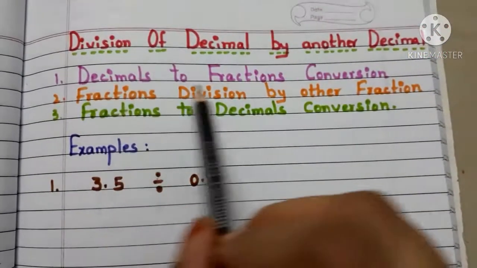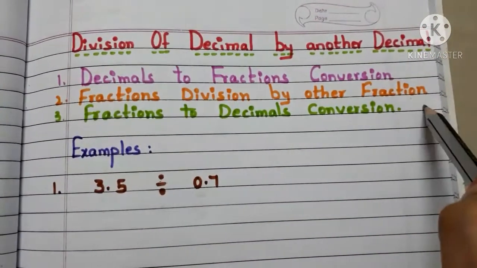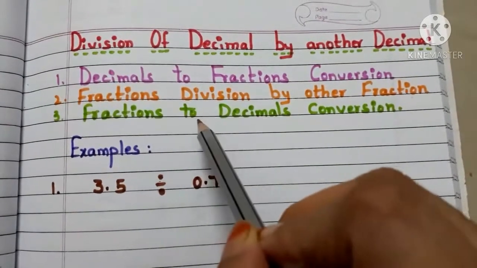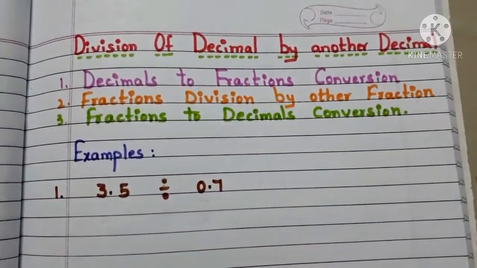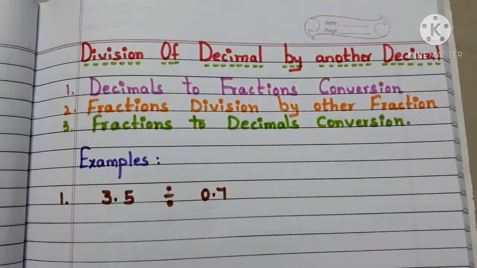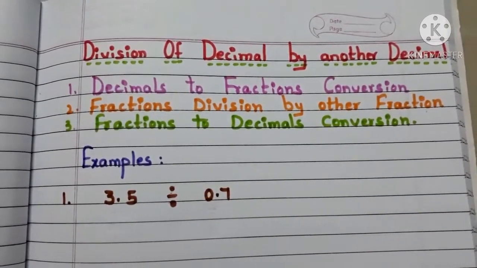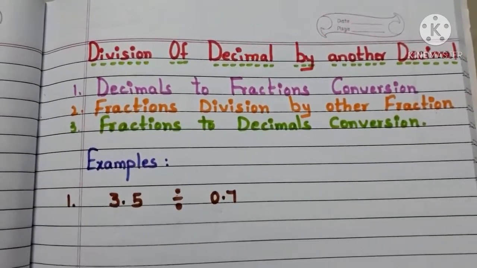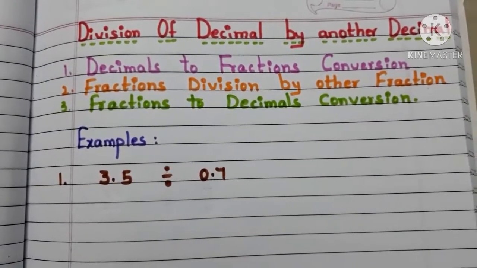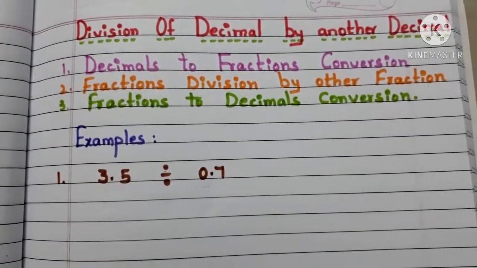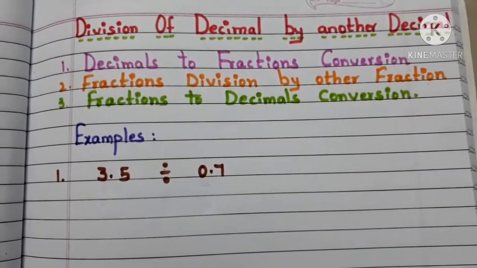Second one is fractions division by other fraction. And third one is fractions to decimals conversion. If you want to watch those videos, please click the links given in the description box. I hope this video is very helpful for grade 5 and grade 6 children.